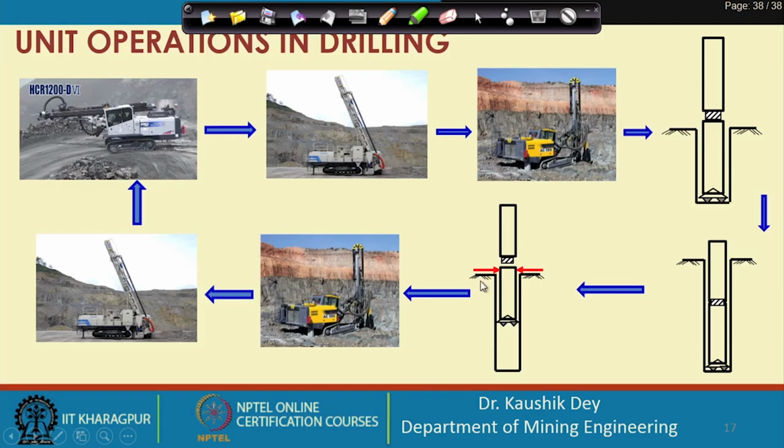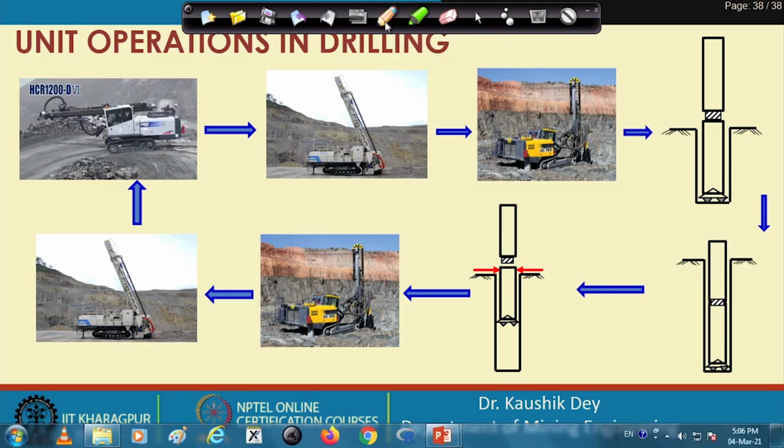Now, if you look into the different unit operations possible with surface drilling, the first job is the positioning of the machine, or propelling the machine to the right place. We are now propelling the machine to the right position.